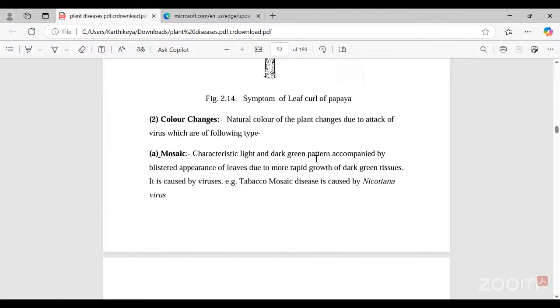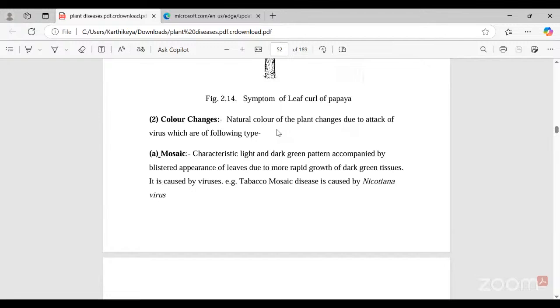Coming to the color changes. The natural color of the plant changes due to attack of the virus, which occurs in many types. The first one is mosaic. A characteristic light and dark green pattern accompanied by a blistered appearance of leaves.